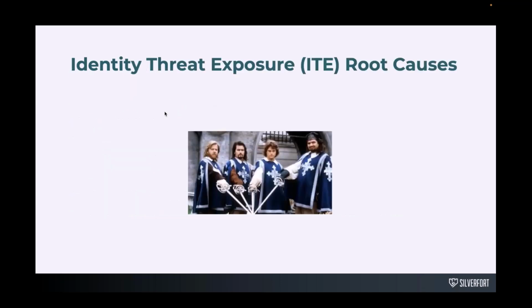Okay, great. So let's talk about the ITE's root causes. This is taken from the movie The Three Musketeers. Of course, there are four, as everyone who has seen the movie or read the book knows. What causes an identity threat exposure? First is malpractice. Malpractice, for example, is something like a shared user account.